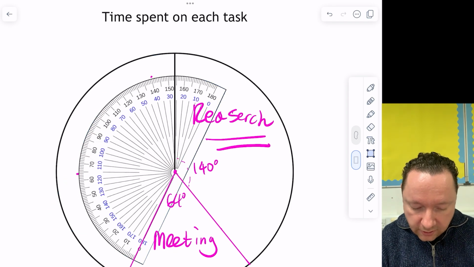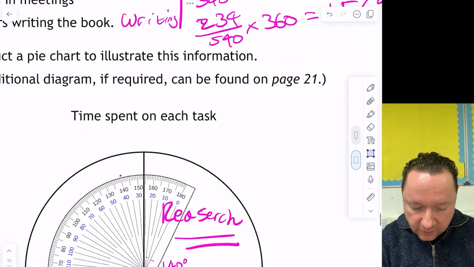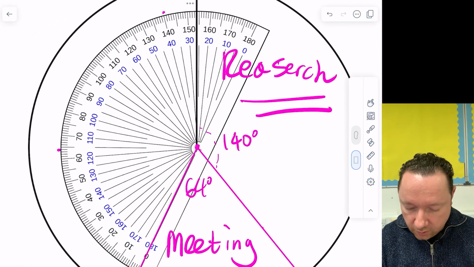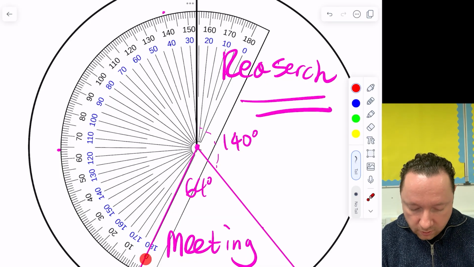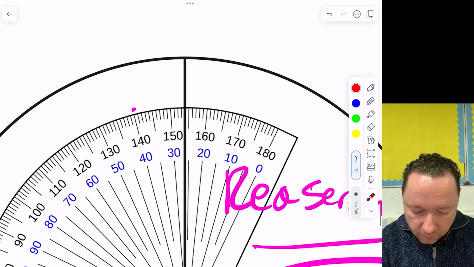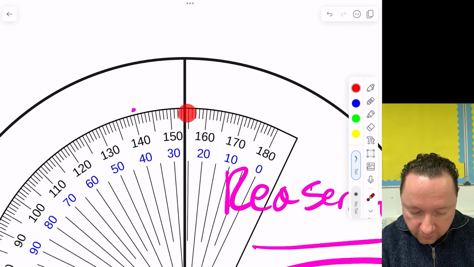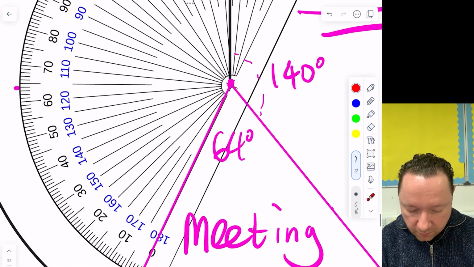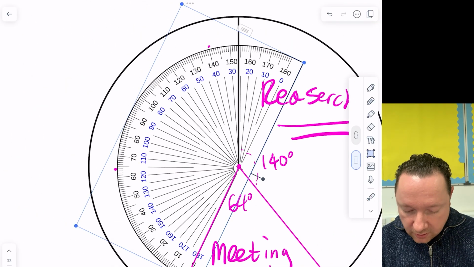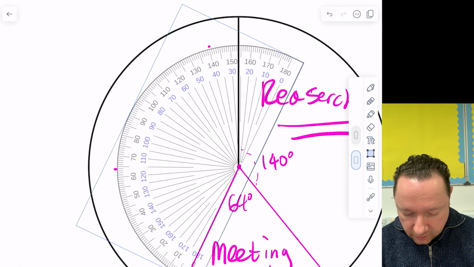You should be able to see it's meant to be 156. So it's going through the 0 down here on the bottom. There it is there. So I'm going outside scale again, and I'm at 155, 156. Close enough. I mean, my protractor's probably off a little bit. This is on an iPad, but I'm pretty happy with that considering that's on an iPad.